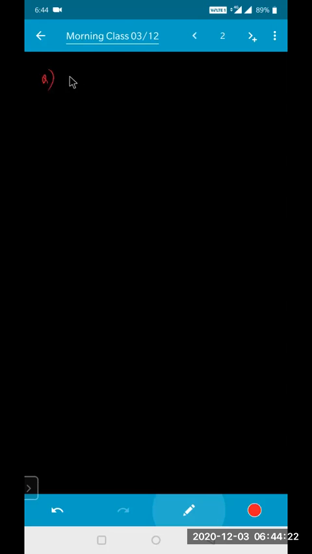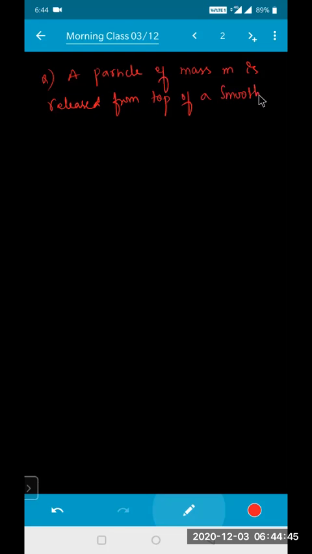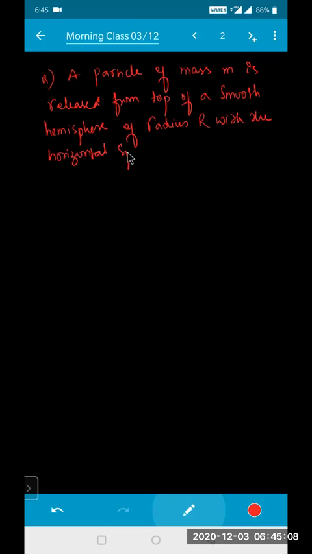Next one. A particle of mass m is released from the top of a smooth hemisphere of radius capital R with the horizontal speed u.